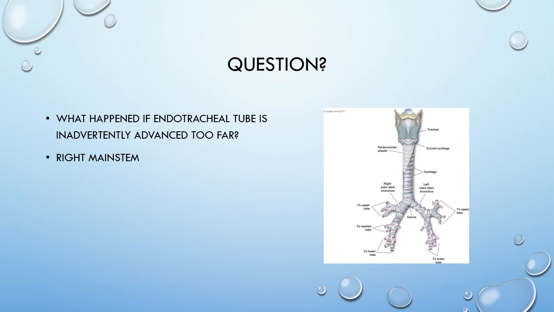It'll go right into the right main stem. And so what you'll hear is no breath sounds on the left, and on the right lung you'll hear really loud breath sounds. And so that's how you know you have to pull back just a little bit and then retape your ET tube or resecure it if you're using a securing device.